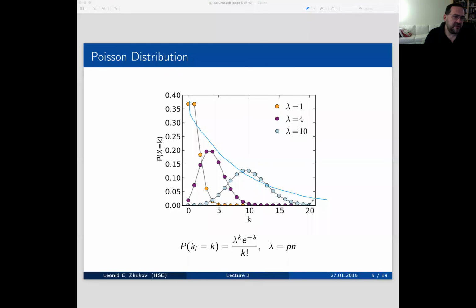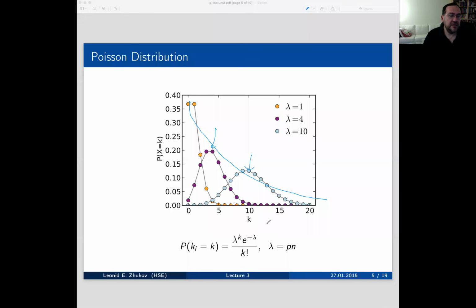Poisson distribution is very different. Poisson distribution has a maximum. You can clearly see it right here. So which means it has a most probable node degree. I'm sorry, the node degree has a maximal probability, right?